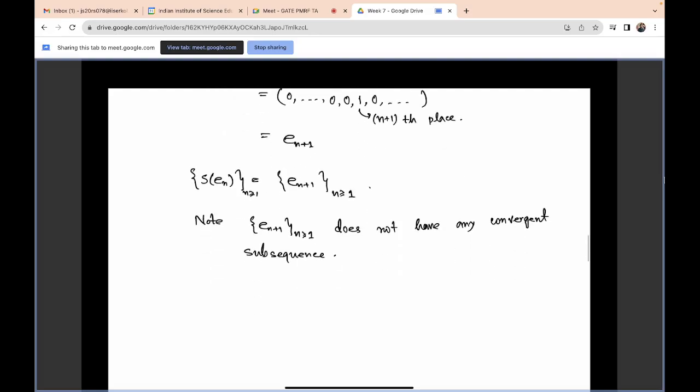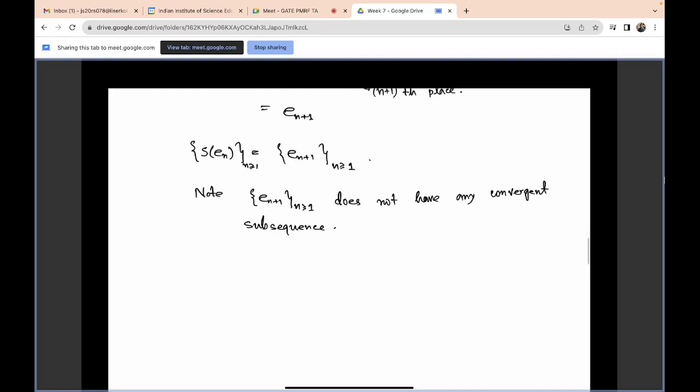Why? Because if it has any convergent subsequence, then that subsequence must be Cauchy, since every convergent sequence is Cauchy in Banach spaces.